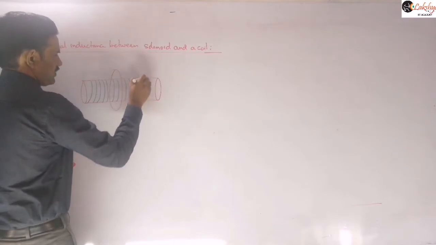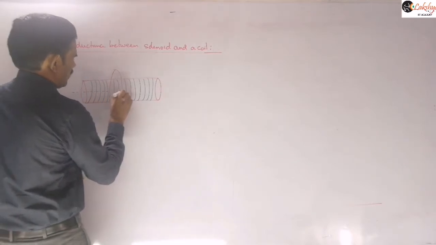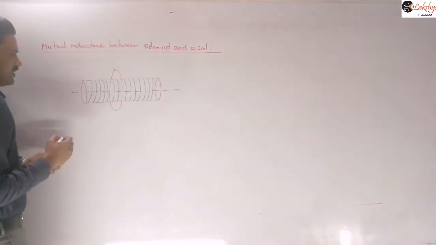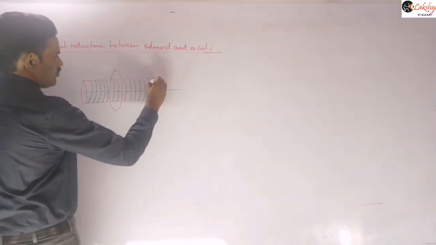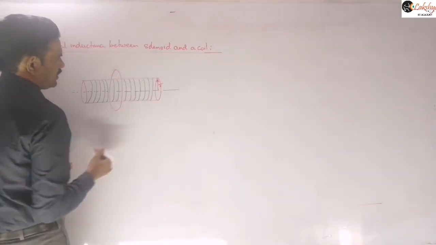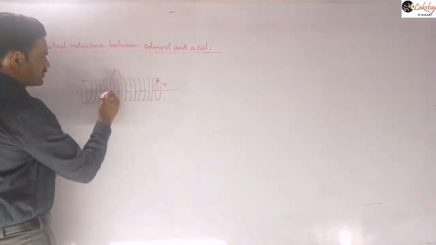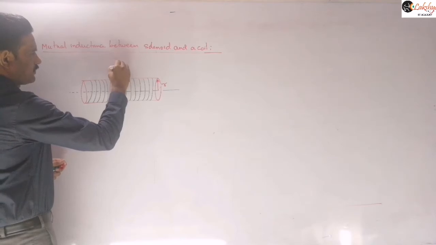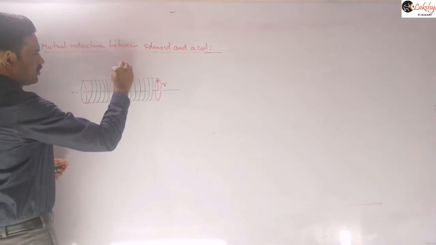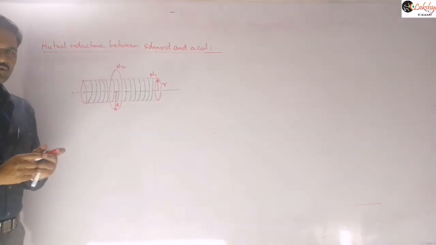So just mention that: consider a solenoid having n1 number of turns, and a radius of cross section small r. Let small n be the number of turns per unit length of the solenoid.